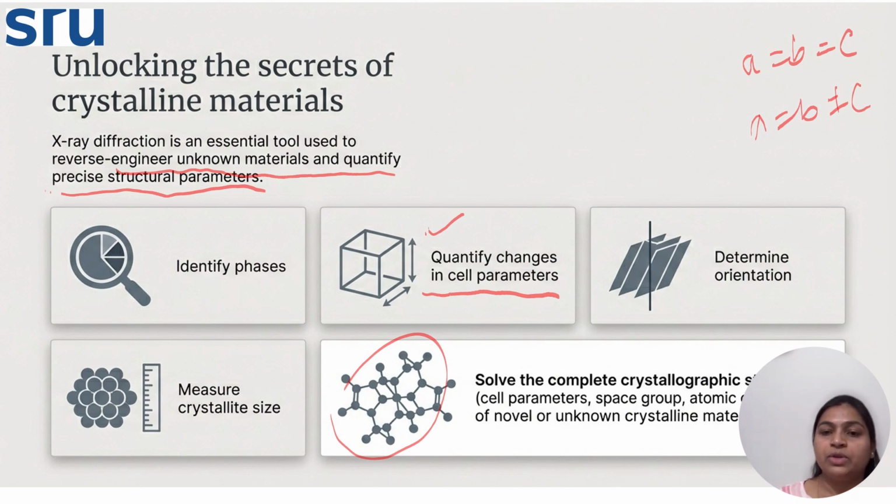It is also used to determine the crystallographic structure, like cell parameter, space group, and atomic coordinates of novel or unknown crystal materials. So now we'll move directly towards Bragg's law.